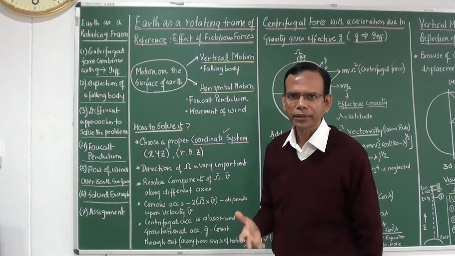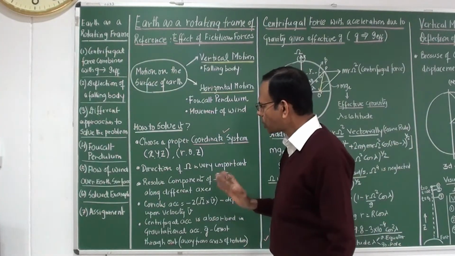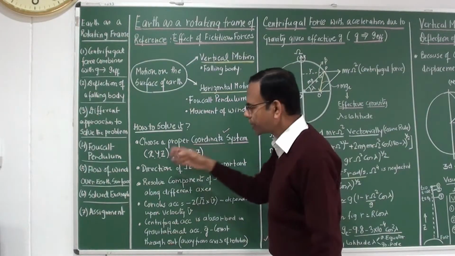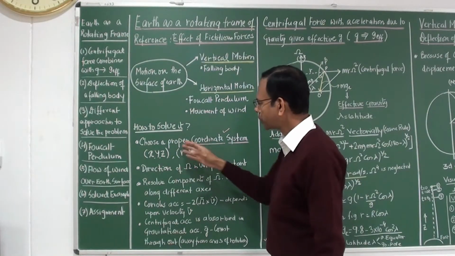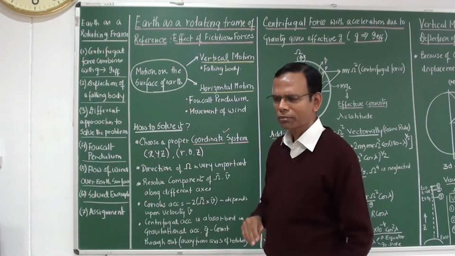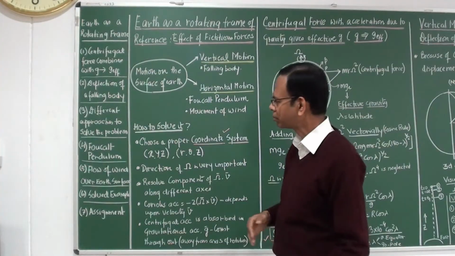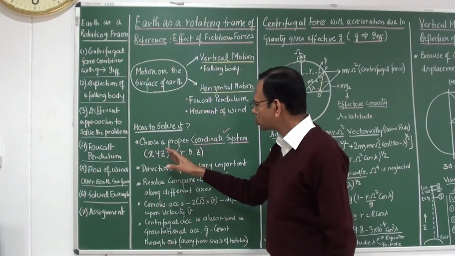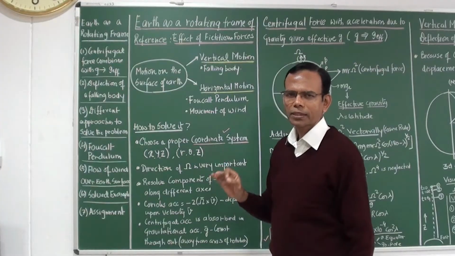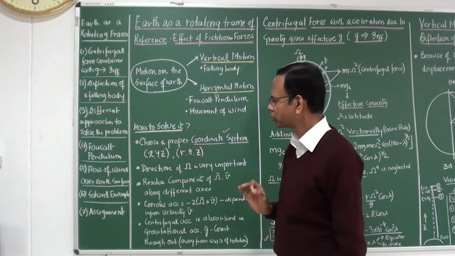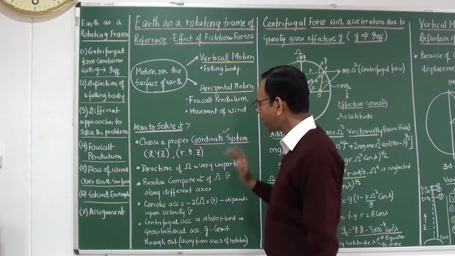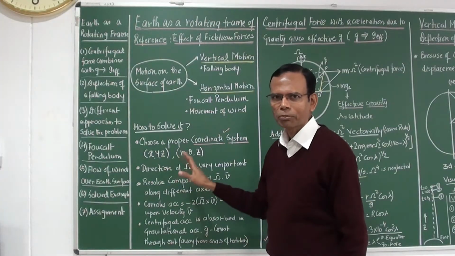You can take anything. It is not that you have to take only x, y, z. You can take this also, that also, or any other coordinate system depending on the problem. So choosing a coordinate system is the first step that you have to do. And we will see as we go along how important it is.